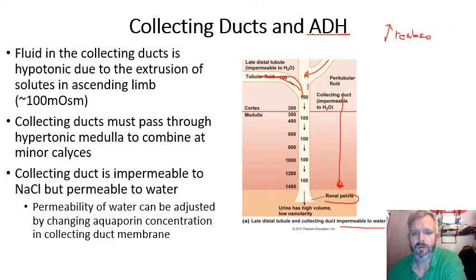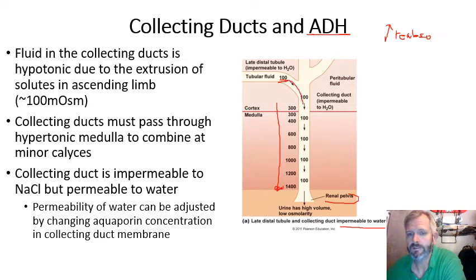And so it's great we have this gradient, but if we're not permeable to water, this gradient is not going to be used. And if you remember from when we pumped out the solutes at this ascending limb, that filtrate came out at about 100 milliosmoles, very dilute filtrate.